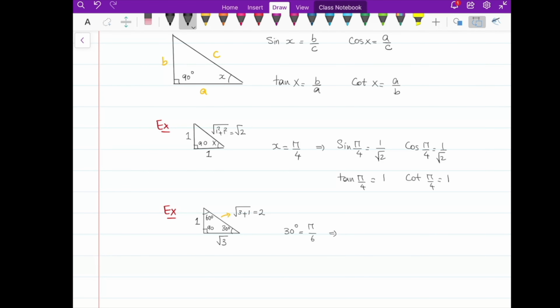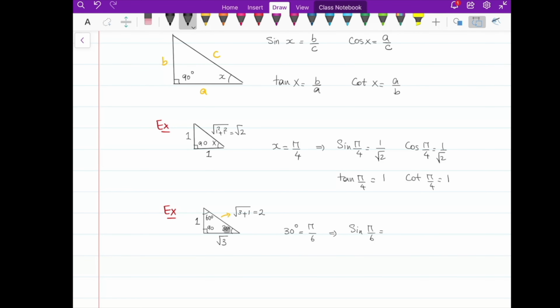Now let's consider 30 degrees, which would be equal to pi over 6. And then sine of pi over 6. Oops, sorry, 30 degrees would be here, right?